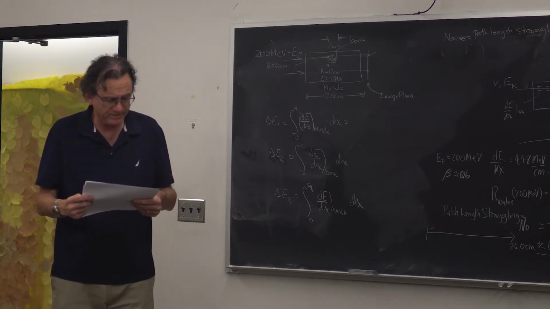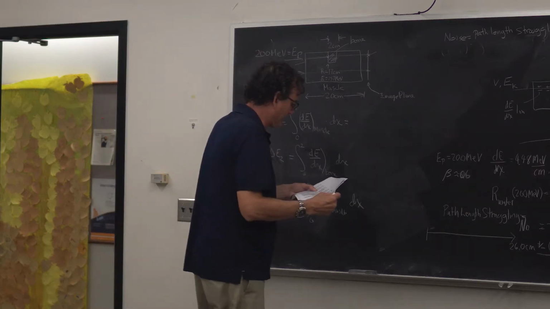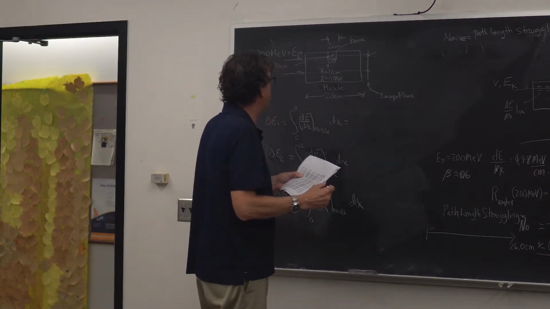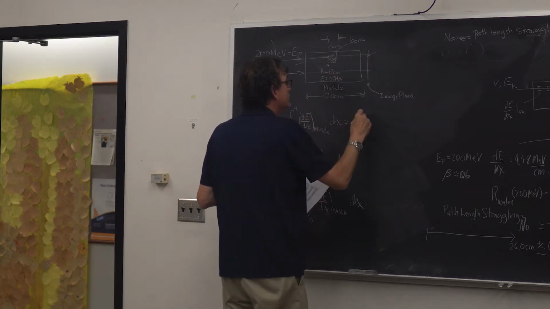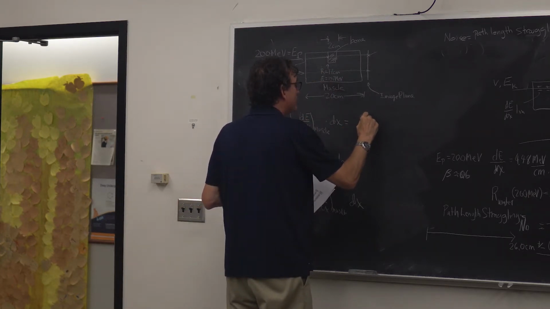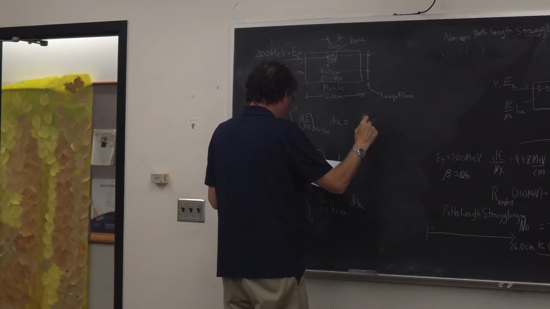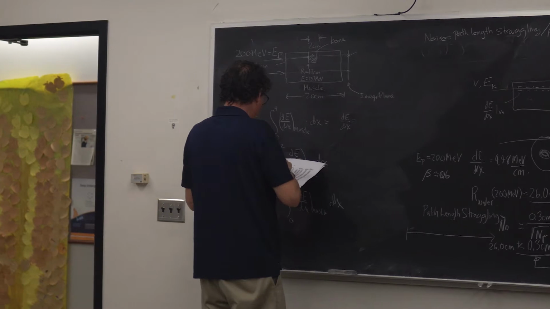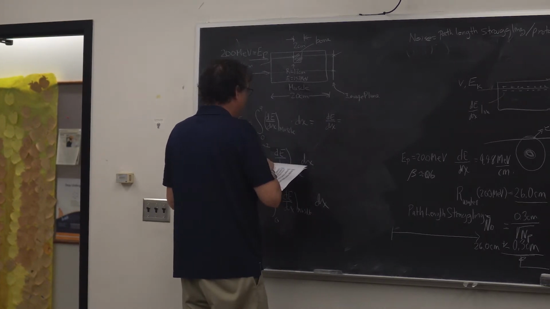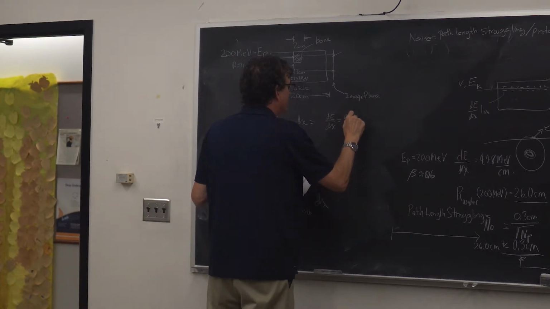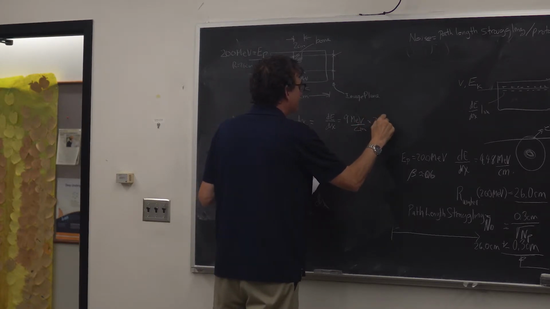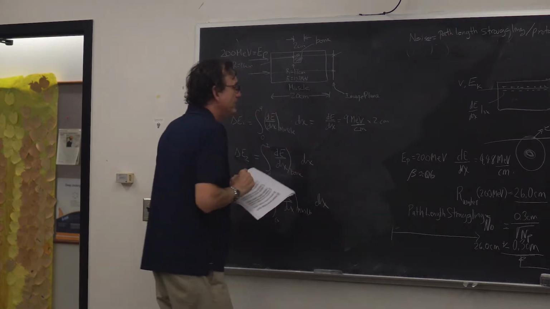So 160 MeV. It looks like I've got 9 MeV per centimeter here. So the dE/dx of bone at 160 MeV is 9.02. Let's call it 9 MeV per centimeter. I could be more precise: if I go through 2 centimeters, I'll lose 18 MeV.